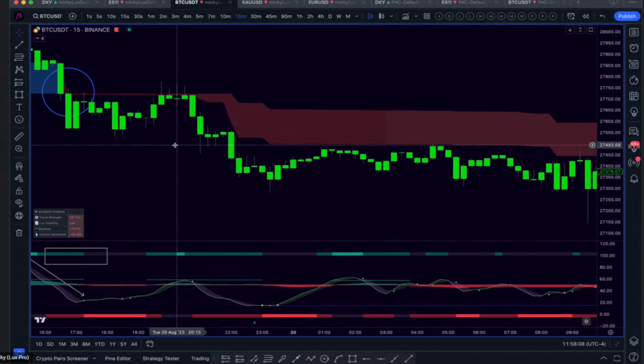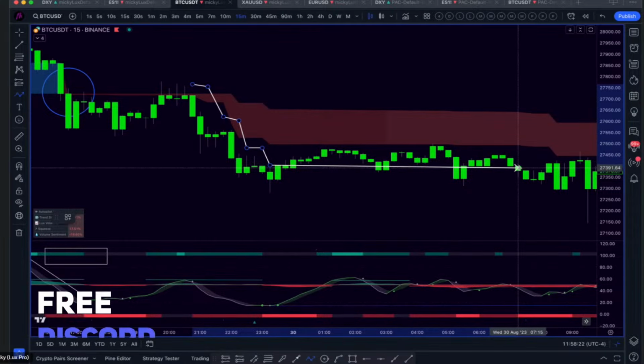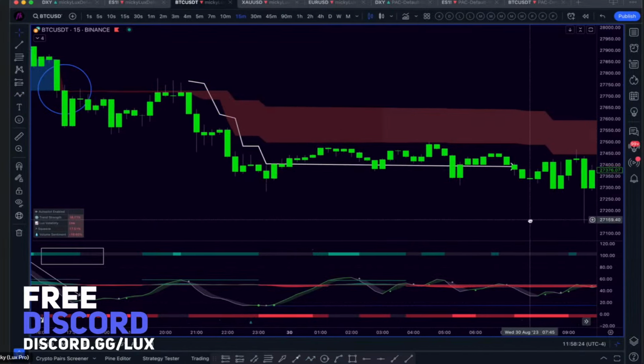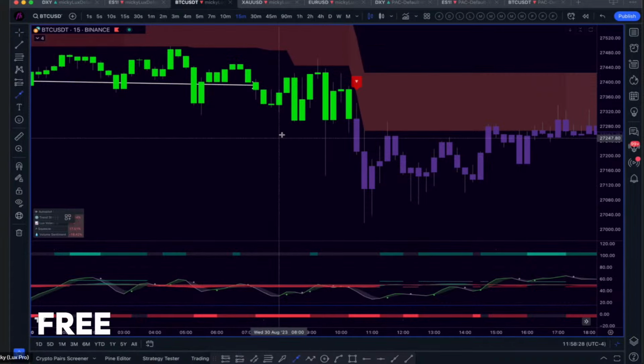Take a look at the stair steps on Bitcoin. All right, there we go. All right. That's a pretty good stair step. Flat line. Okay. Another stair step.